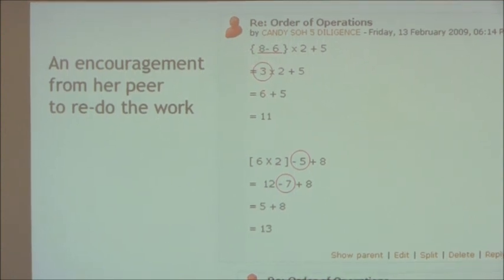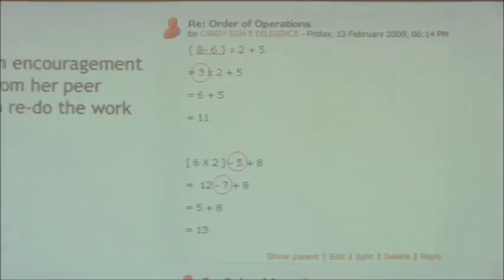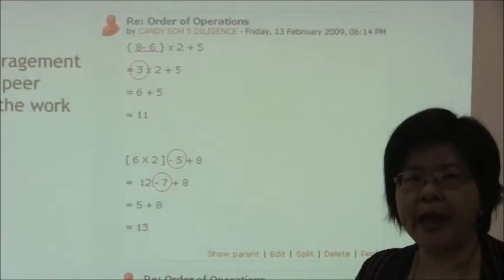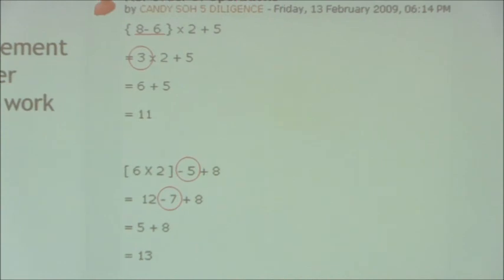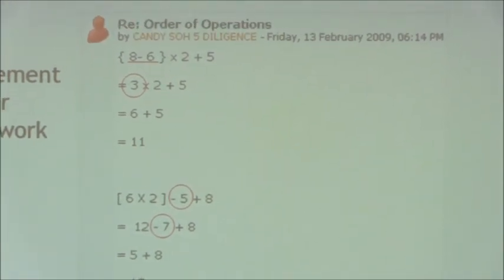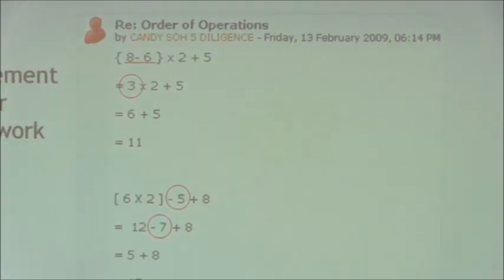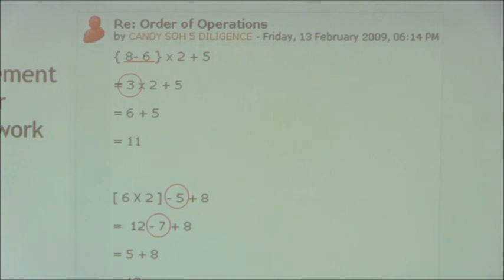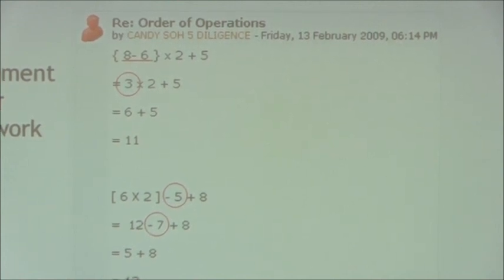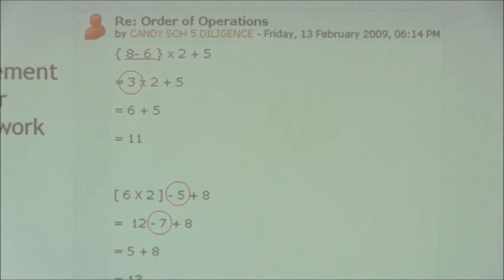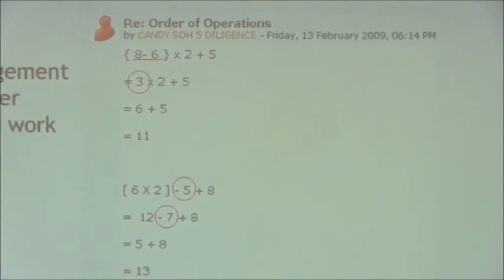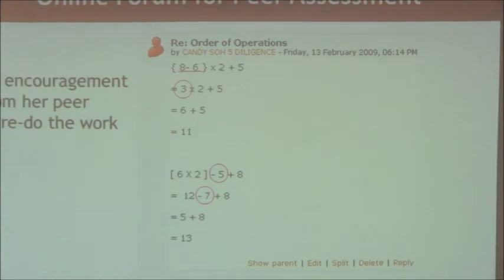Through the peer, the children are made more aware of the mistakes in their own thinking processes. It helps them to be more careful, to go back and check, so that they are able to cut down the number of mistakes. So this is an example of feedback that I have done.